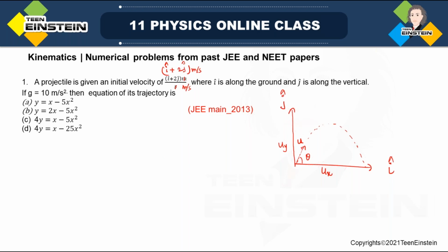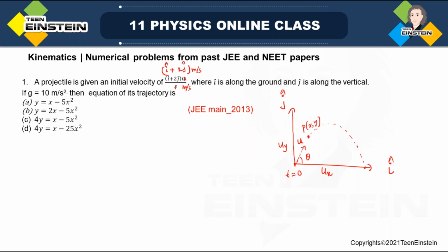But how to find out the formula for this particular problem? So let us just do one thing. See, when the projectile reaches over here, at any point, suppose at any point P (x, y).